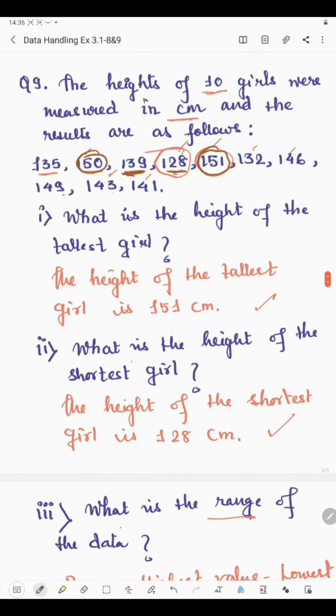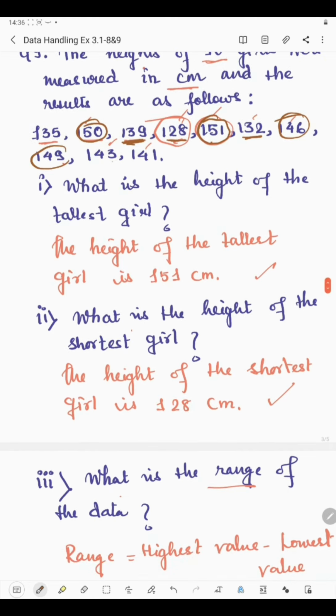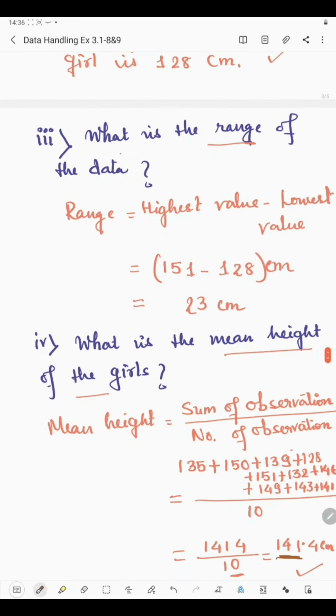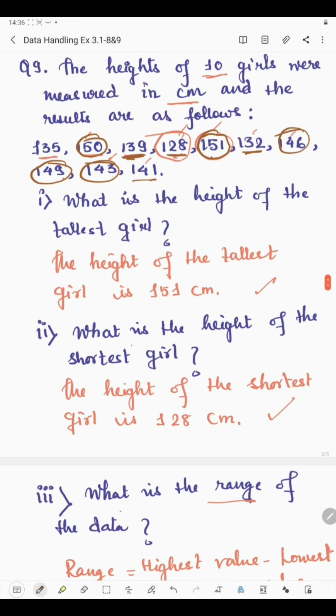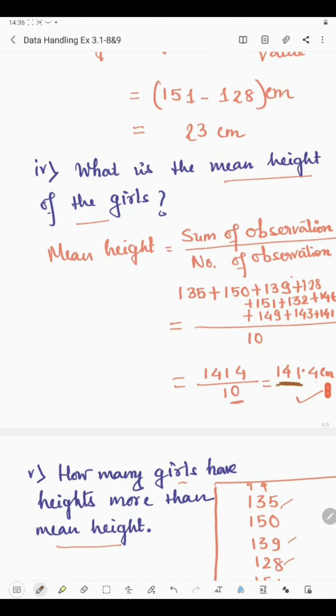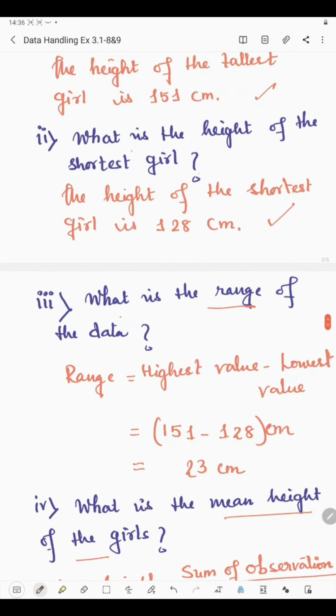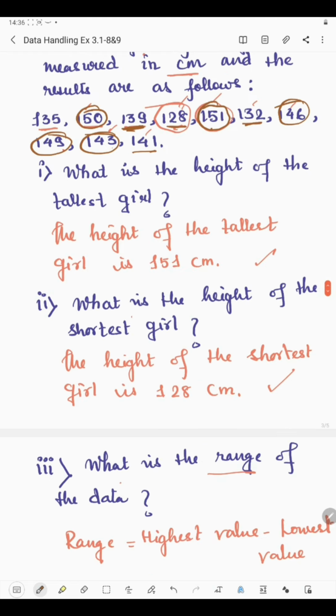So after this it's 151. Then 132 also we cannot take, which is less than 141. Then we will take 146. After 146 we can take 149. Then we can take 143 also, because these numbers are greater than 141. And lastly we have 141, and here we have 141.4, so we cannot take this value because it is less than 141.4, right?